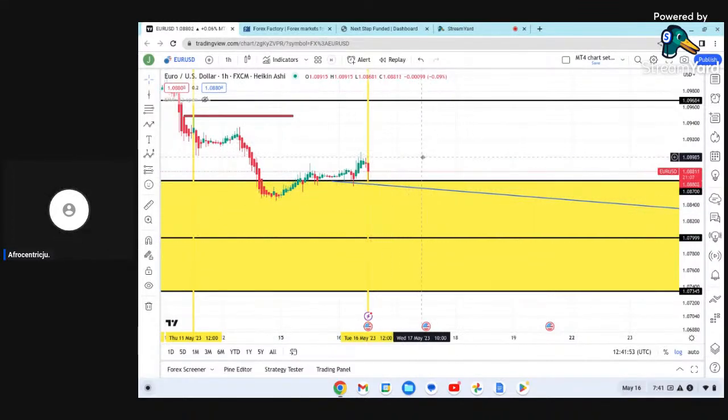Now the pattern is, you see news in the morning that will affect the market to complete a trend or correction on a smaller time frame.